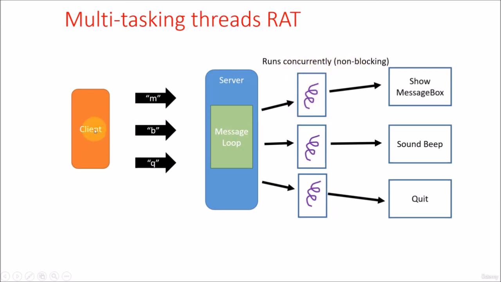So if the Telnet client were to send the message M, the server can spawn a new thread to handle the message M, to show the message box.